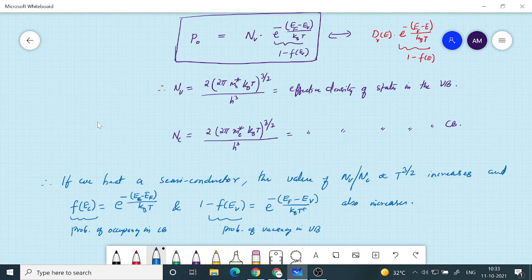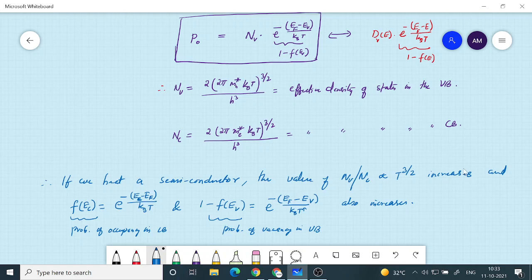So this becomes e raised to a negative of a smaller quantity. If it is a bigger quantity, negative of a bigger quantity is effectively much smaller. But when T increases, it will tend to e raised to 0. E raised to 0 means 1. So e raised to minus 0 or minus a smaller quantity. So the product of these two is what is N0 and P0.